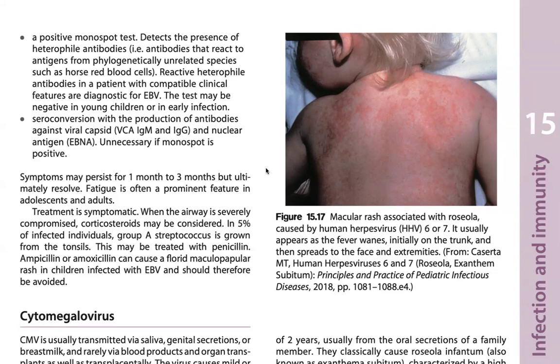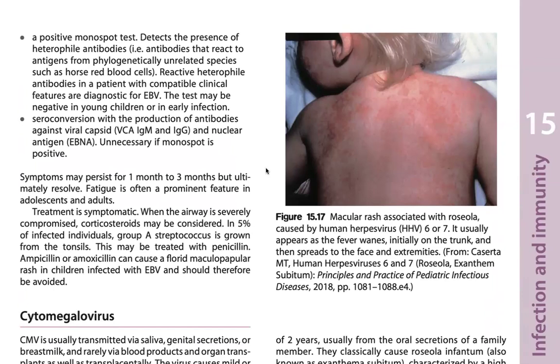Reactive heterophile antibodies in a patient with compatible clinical features are diagnostic for EBV. The test may be negative in young children or early in the illness. Seroconversion with the production of antibodies against viral capsid antigen, VCA IgM, and nuclear antigen, EBNA, is unnecessary if the Monospot is positive.